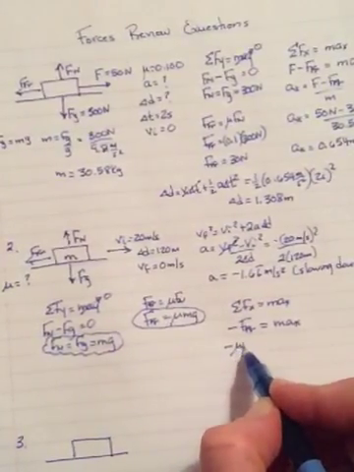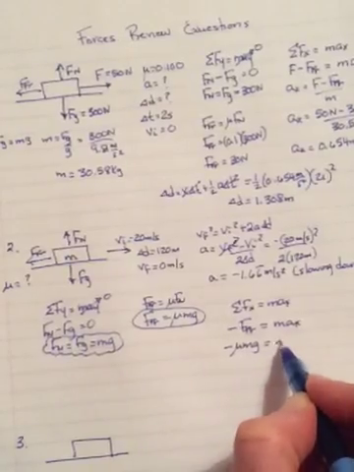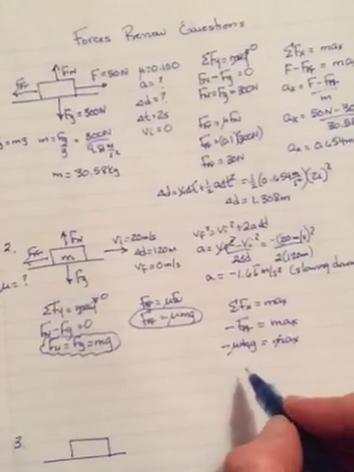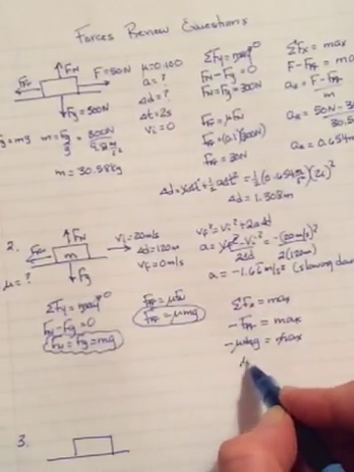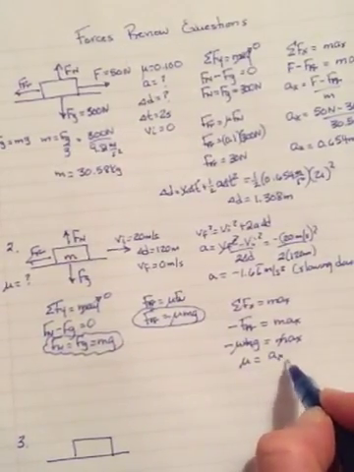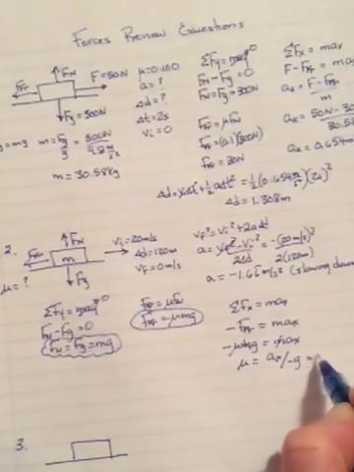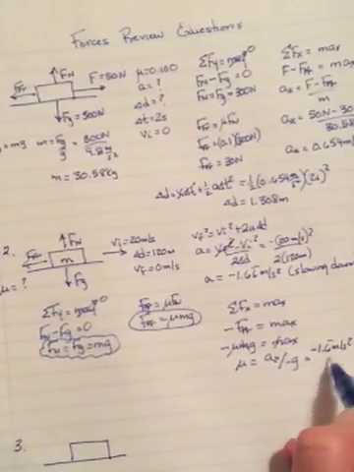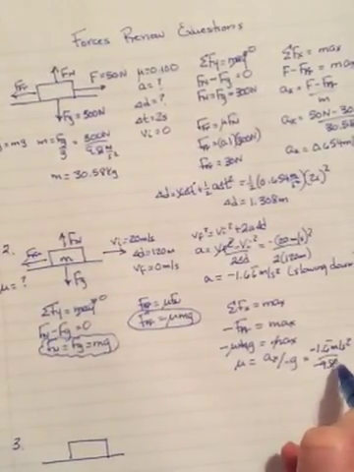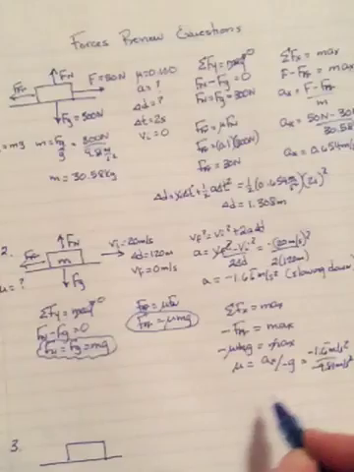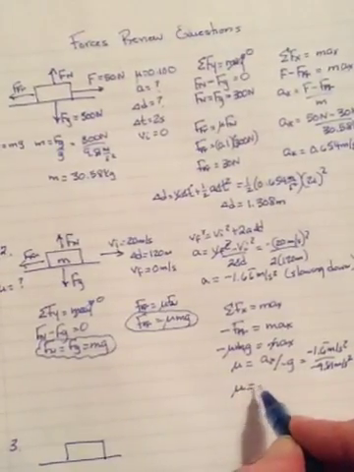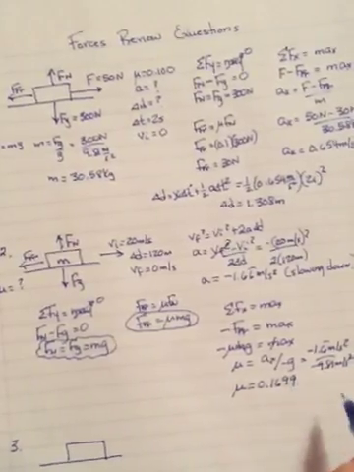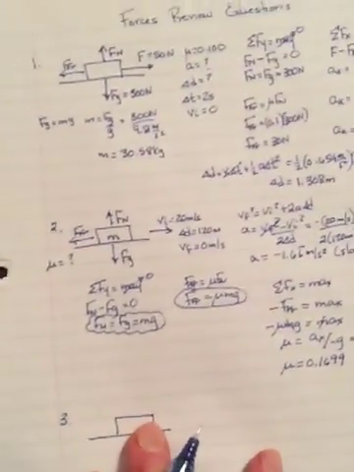So negative mu mg equals max. So now your m's are going to cancel. And you want to solve for mu. So it's just going to be ax divided by negative g. So that negative 1.6 repeating meters per second squared divided by negative 9.81 meters per second squared. So mu ends up being 0.1699. Okay, and that's it for number 2.